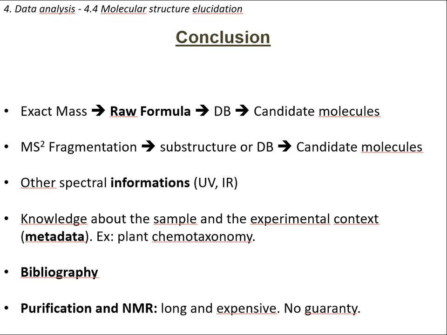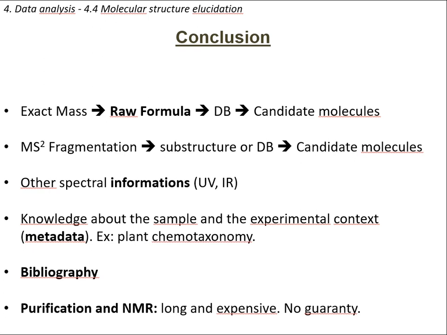You can have knowledge about the sample. Chemotaxonomy is very important, because many chemical classes have been found in certain genera, especially when it concerns secondary metabolites. As I told you, some alkaloids are specific to some taxa of plants, like it's in the Papaver genus that you will find the morphinan alkaloids, for example.